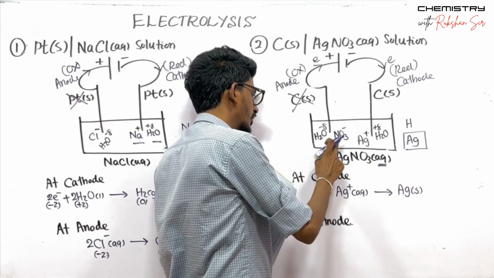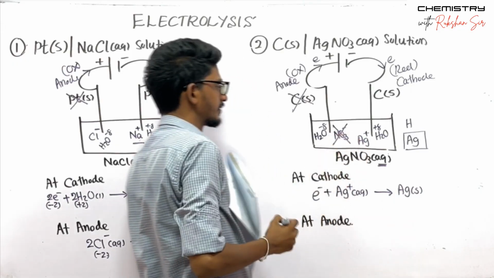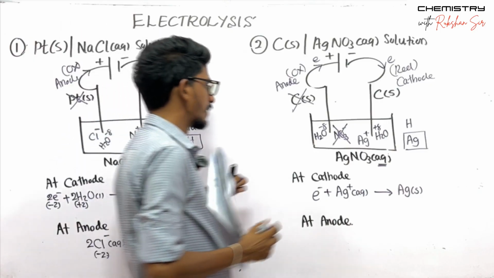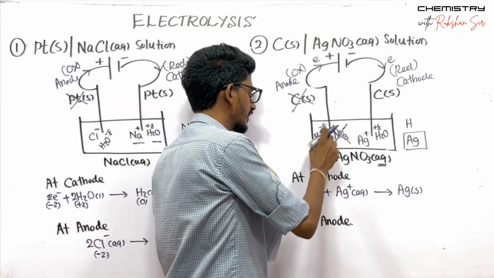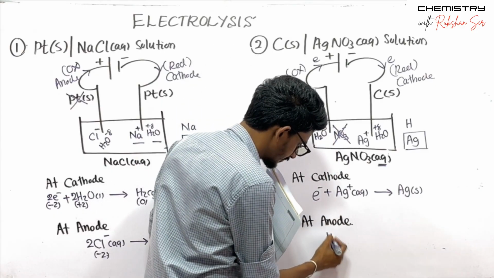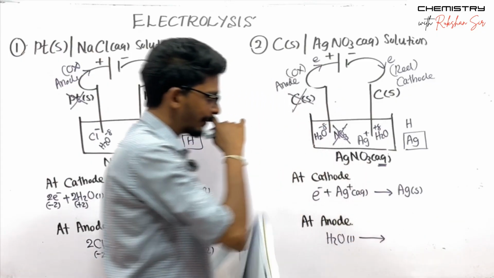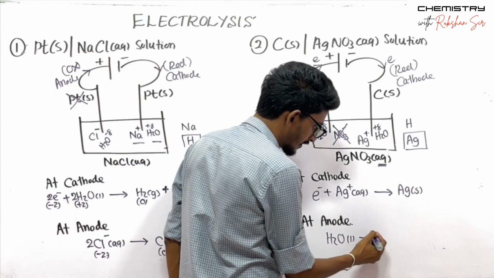Polyatomic oxygen ions do not participate in the reactions at the anode. Then H2O here. No other anions are there, so H2O will get oxidized here. If H2O gets oxidized, it will form O2. Oxygen is the one to get oxidized here.